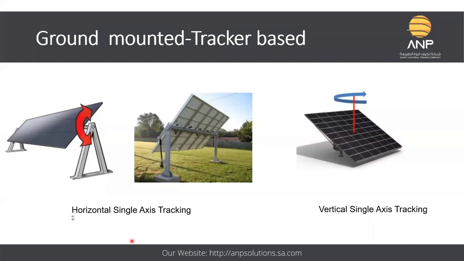For example, if you are using a horizontal axis tracking system and the sun is there in the morning, these modules will adjust the tilt as per the location of the sun. After noon, if the location of the sun is here, these modules will automatically adjust the tilt.